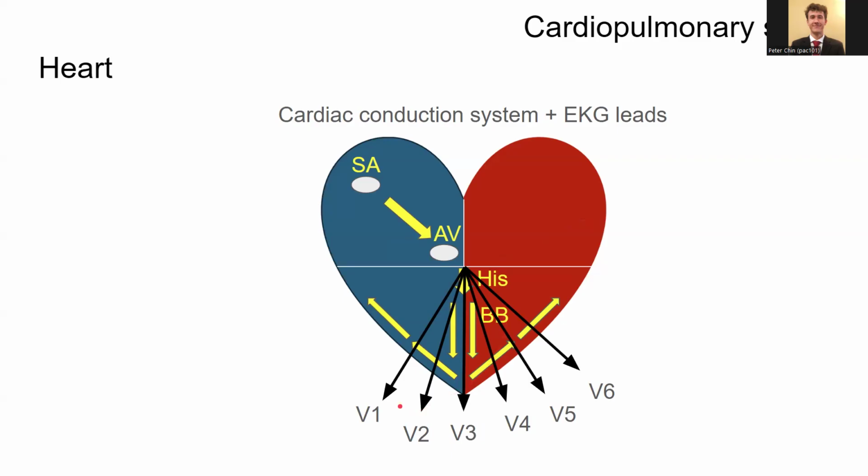Here are the V1 through V6 leads. Notably, V1 through V6 progresses from right to left, and you can see that depicted here. V3 represents the isoelectric point, or the interventricular septum.